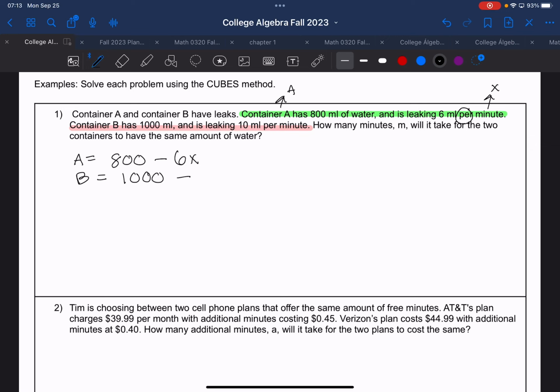Minus, and what would be 10 milliliters per minute? 10x, because we said that minute is x, and container B is just going to be B. Okay. Then it says how many minutes, M, I guess minutes was supposed to be M, but we're going to say x, will it take for 2 containers to have the same amount of water? So what are we going to do to these 2 equations to find out when they'll have the same amount of water?